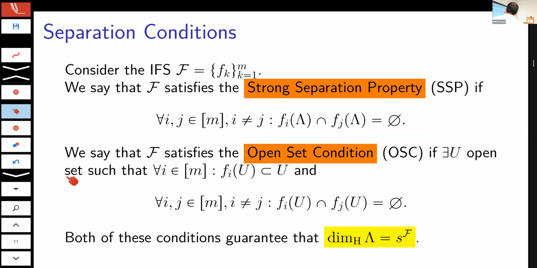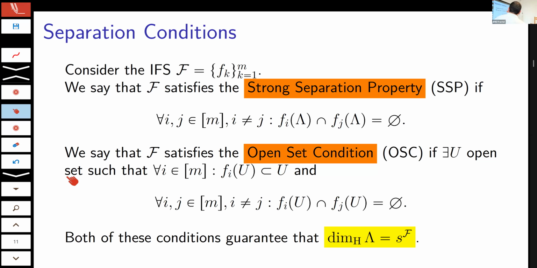Here I define the two most well-known separation conditions. We say that an IFS satisfies the strong separation property if for any two different words i and j, the images under f_i and f_j of the attractor have no intersection. That's the strong separation property.